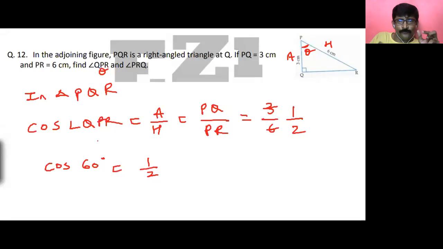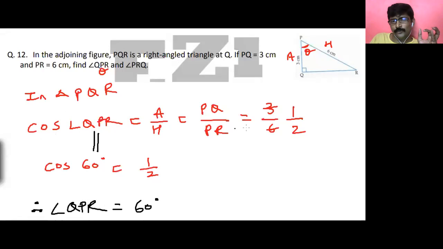That means from these two equations, therefore angle QPR is equal to 60 degree. Understand, children, cos angle QPR is half, cos 60 degree is half. That implies angle QPR is 60 degree. Are you understanding? Isn't it very simple? Just pause this video and copy this quickly in your book. I hope you are enjoying this video very well.